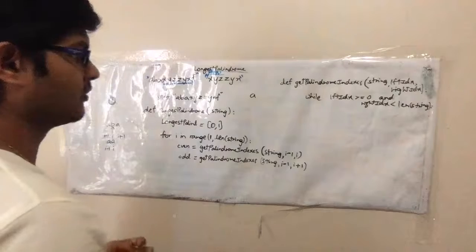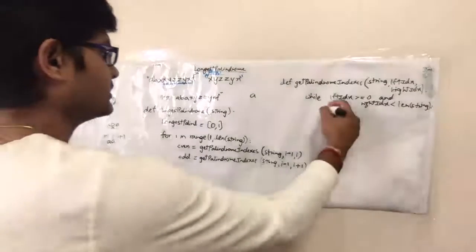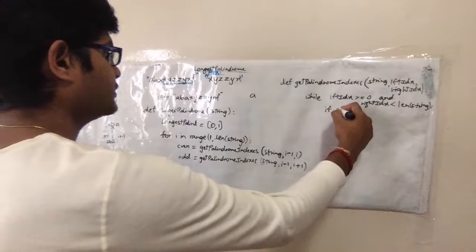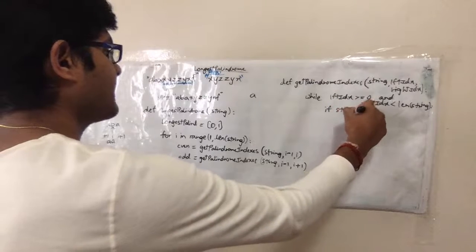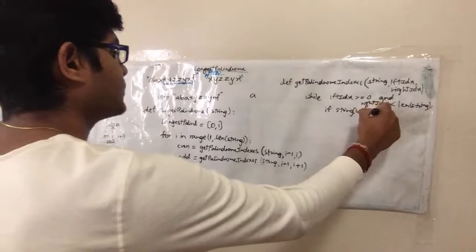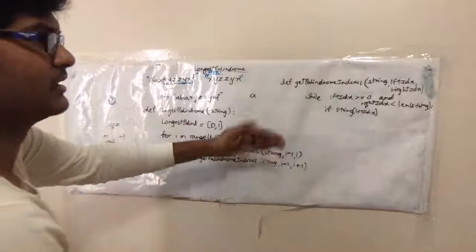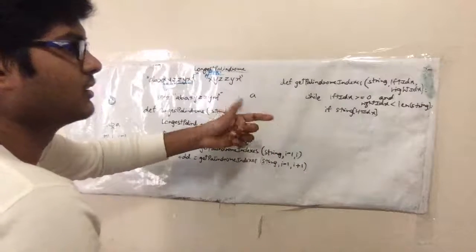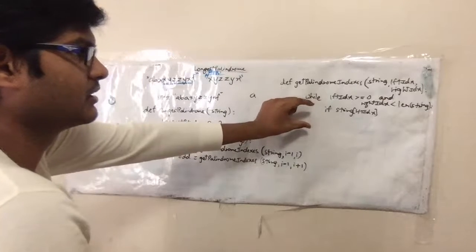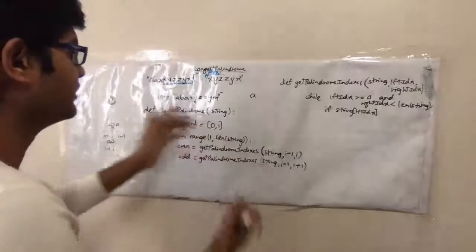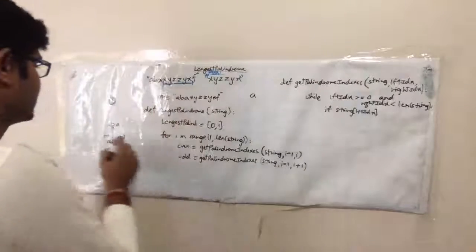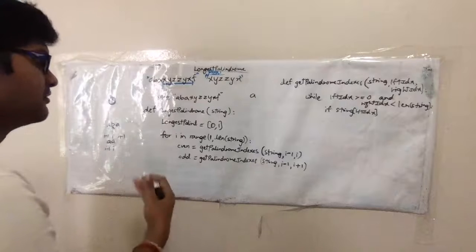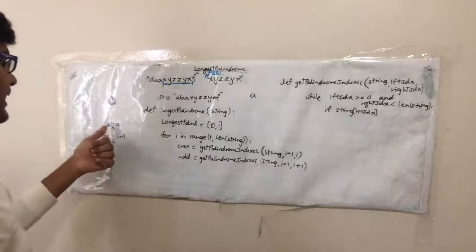Then what do we need to check? If the string at left index, because in making these while loops, first we need to write the condition which fails. That is, if the palindrome is, say for example, a and a, we shouldn't check whether those are equal or not. We need to check that the characters are not equal.